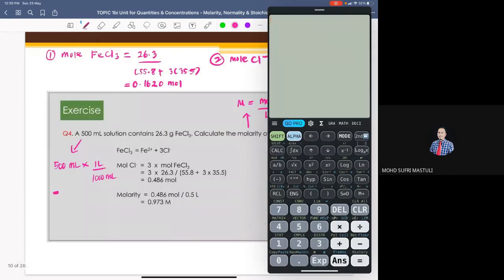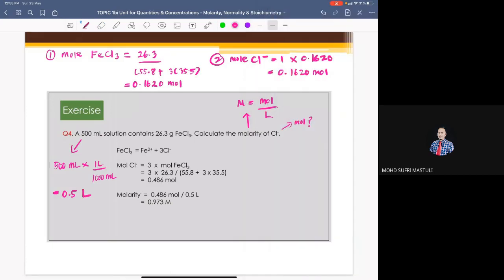So 500 divided by 1000, 0.5 liter. Okay, so now molarity of Cl minus, it should be mole per volume of solution, 0.5 liter.